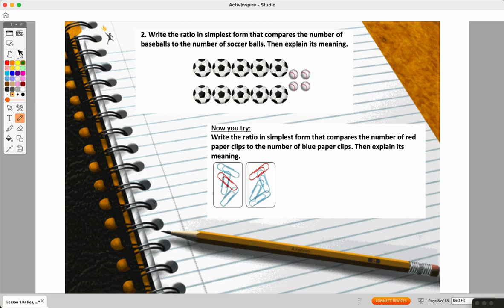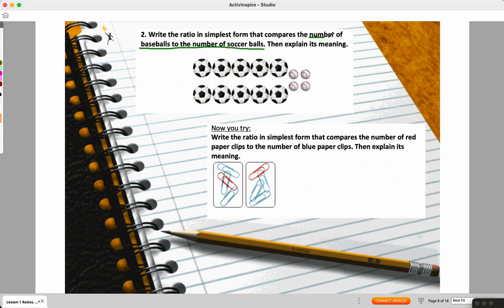All right, so another way to look at it, and one of the things we've got to keep in mind as we talk about these problems, is when I'm writing the ratio in simplest form, I've got to be sure I'm writing the ratio in the correct order. And the order is given to you in the problem. So if we look at this one, it says baseballs to soccer balls. So you have to tell me that the ratio is 4 to 10, and then simplify it down to 2 over 5.